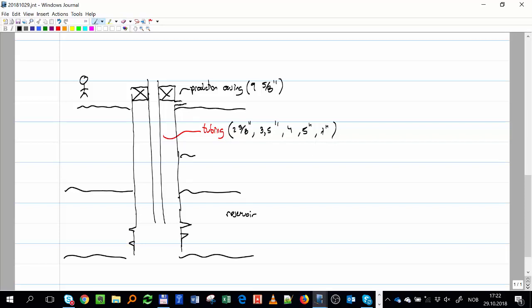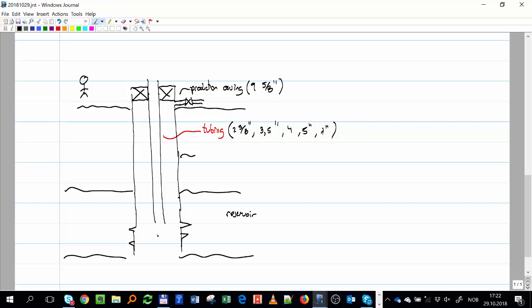But I have an annular valve. And I can produce my well either from the tubing, so it will flow here and then go up inside the tubing, or it will flow through the annular. The most typical configuration is that I flow through the tubing.